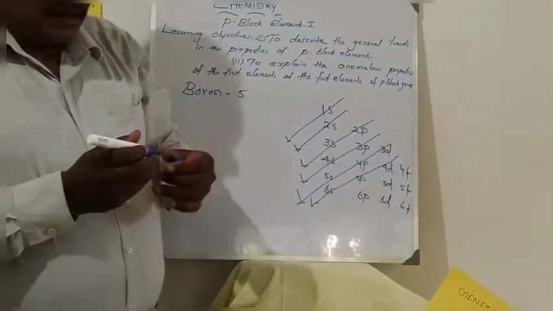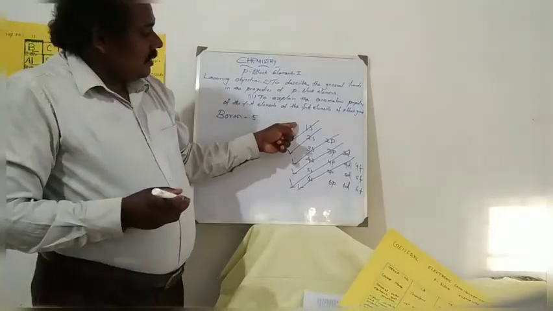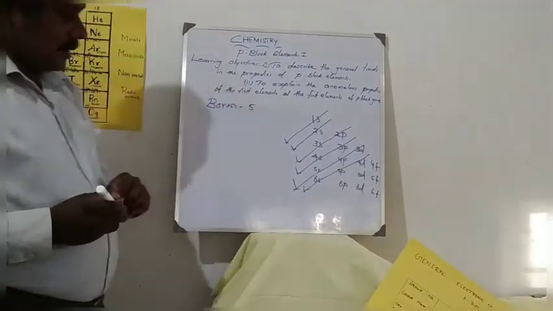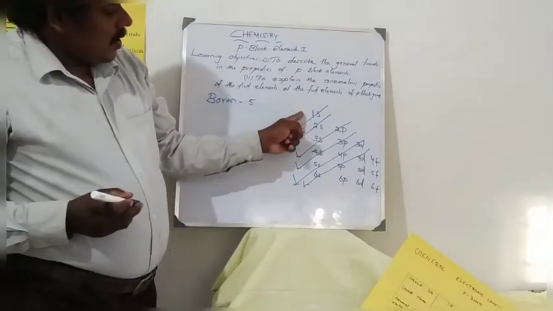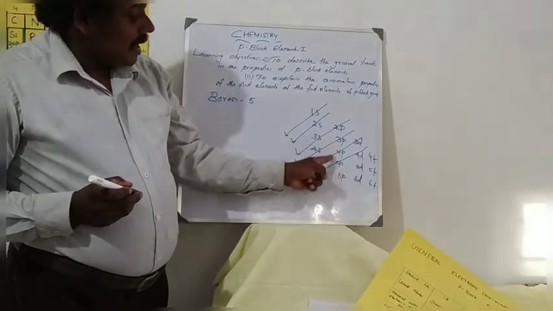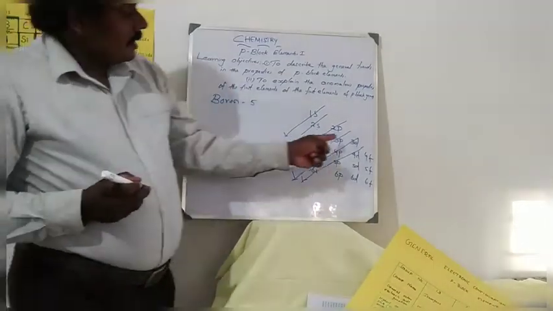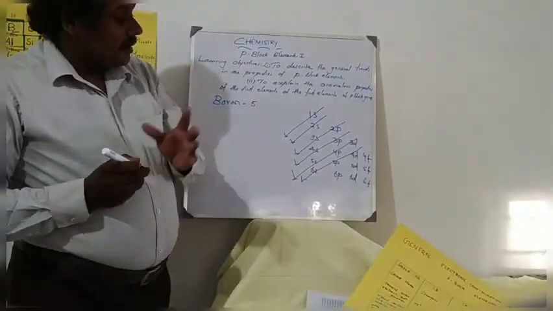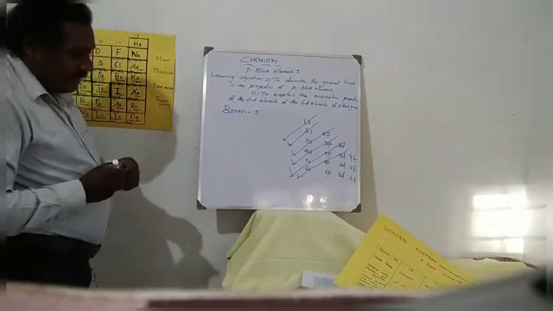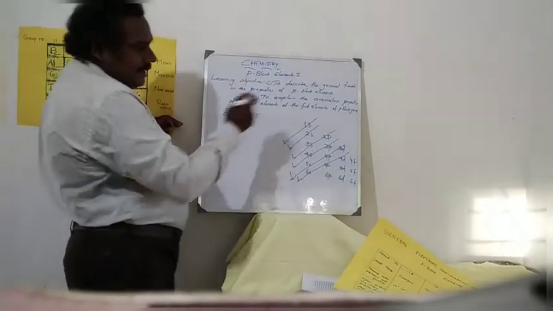There are 4 subshells: S subshell, P subshell, D subshell and F subshell. Each S subshell can accommodate 2 electrons. Each P subshell can accommodate 6 electrons. Each D subshell can accommodate 10 electrons. And each F subshell can accommodate 14 electrons. This is the increasing order.